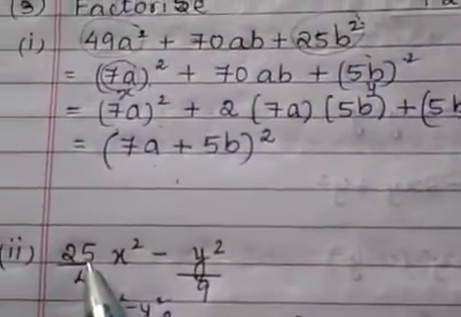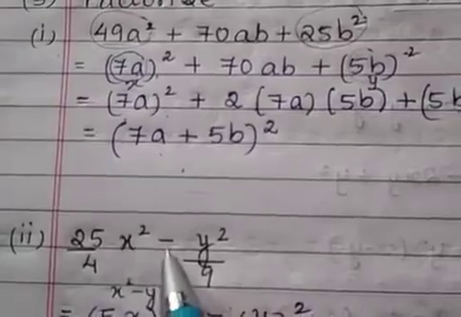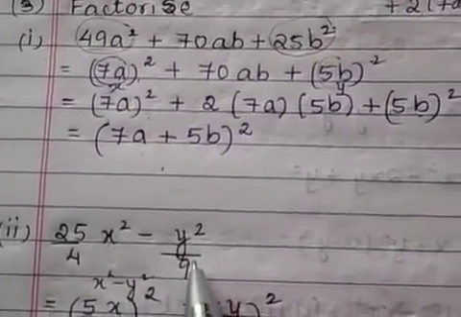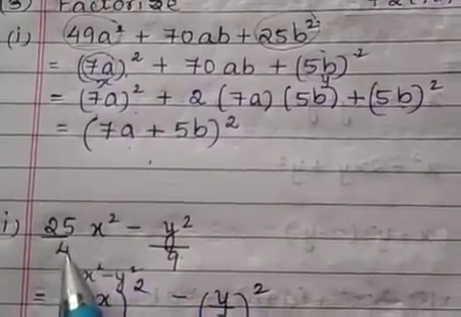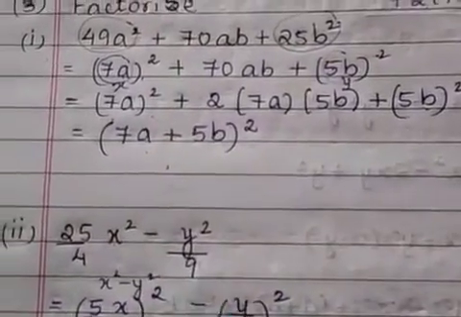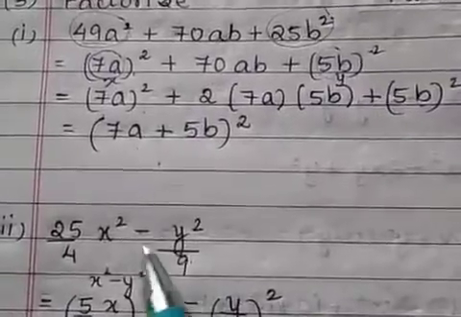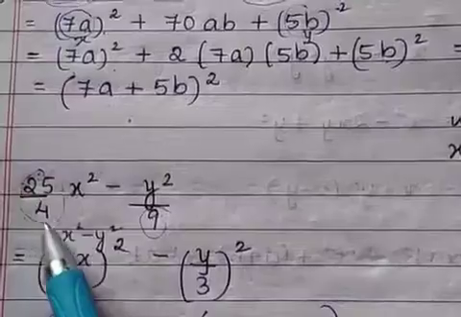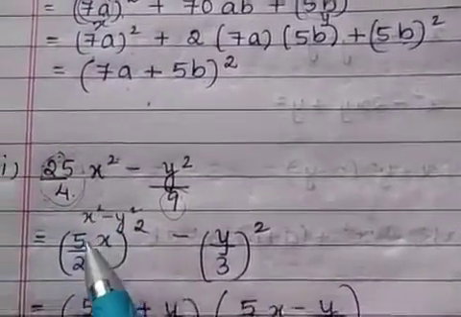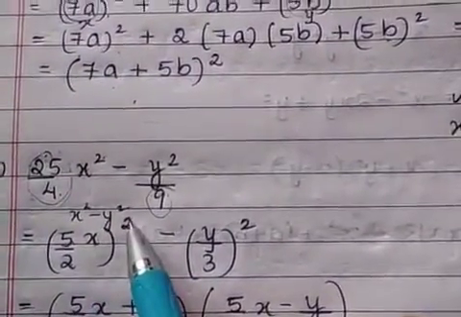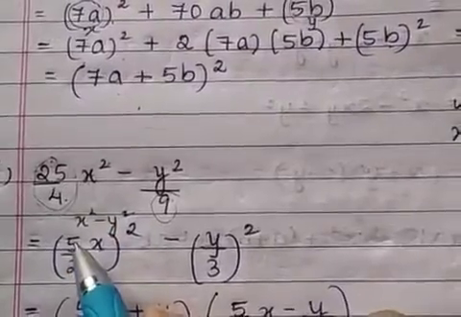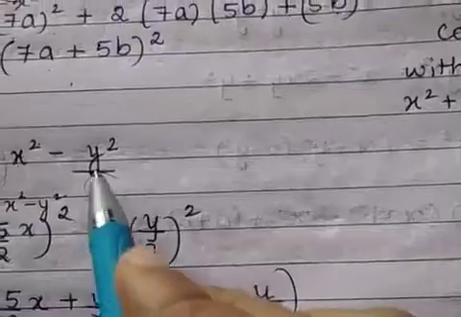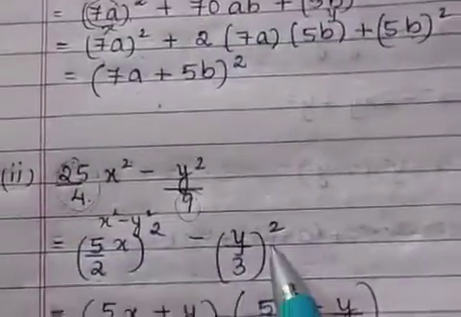Now this is 25/4 x² − y²/9. Now you know these are all squared numbers, so we can write 25/4 x² as (5/2 x) the whole square, because 5² is 25 and 2² is 4, minus (y/3) the whole square.